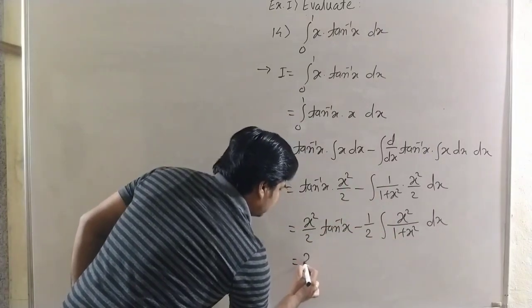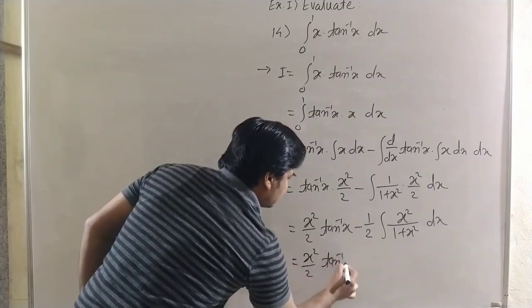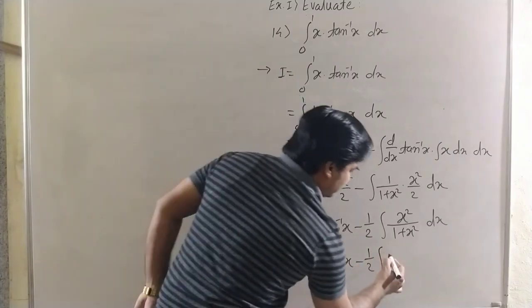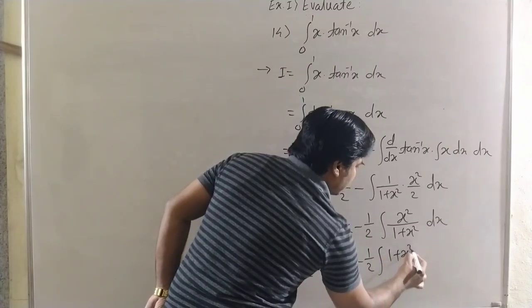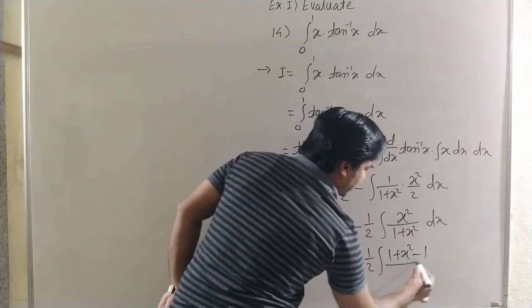Then x square by 2 tan inverse x minus 1 by 2 into integral of 1 plus x square, but in the numerator there is only x square, so 1 gets cancelled. For this you can write minus 1.